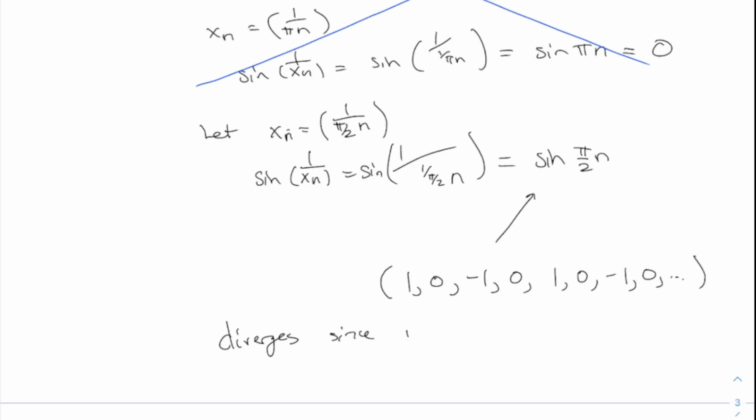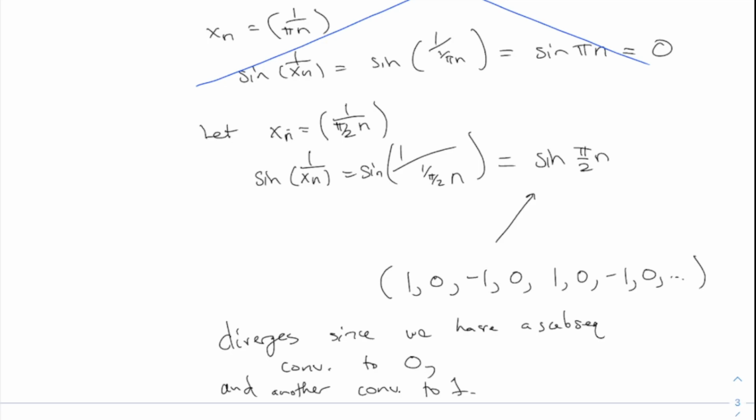since we have a subsequence converging to 0, for instance. If you take the even number terms, it converges to 0, and another one converging to 1 if I take every fourth term.